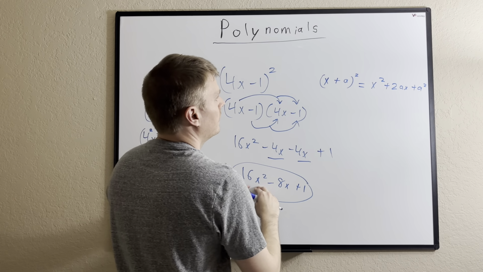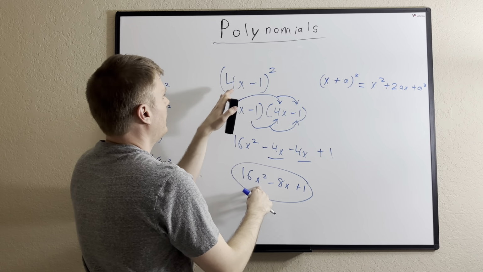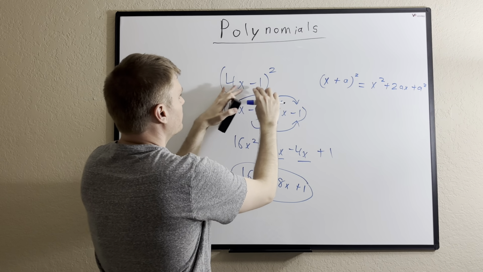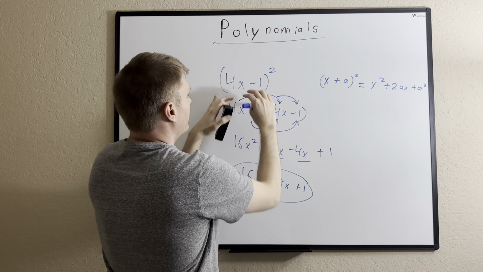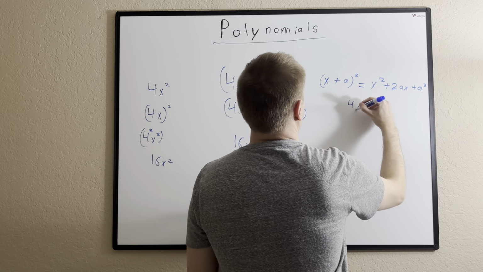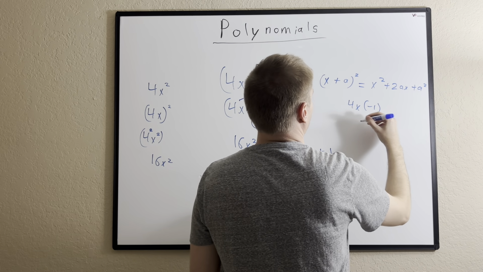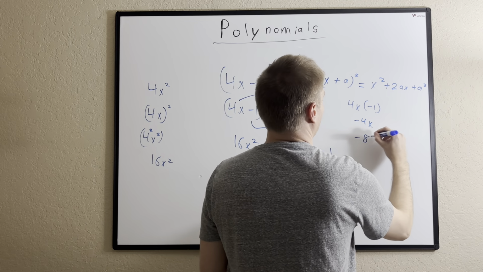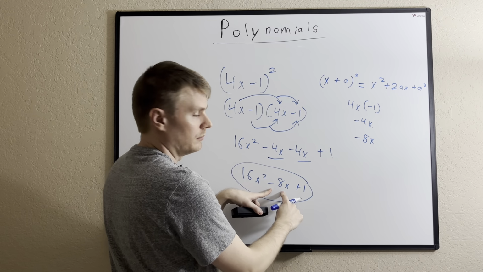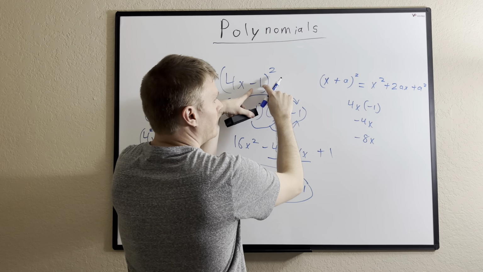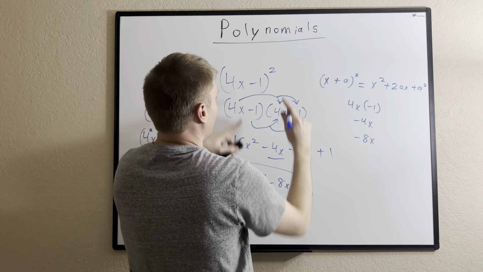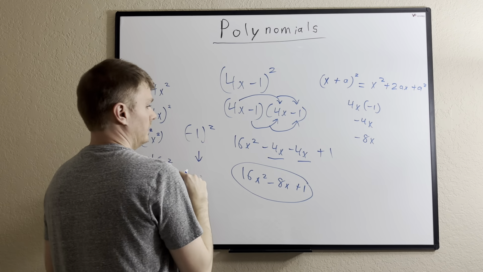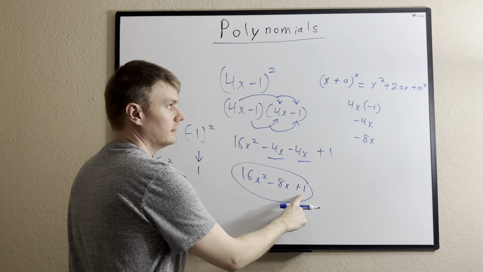Now, 2ax, we take this, multiply it by this, so we have 4x times negative 1, so we get negative 4, and we multiply that by 2, and we get negative 8x. Boom. And then we take this last part, that a, and we square that as well. Negative 1 squared. Negative 1 times negative 1 is 1. There it is right there.